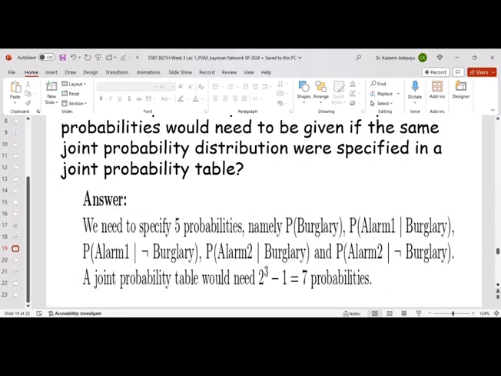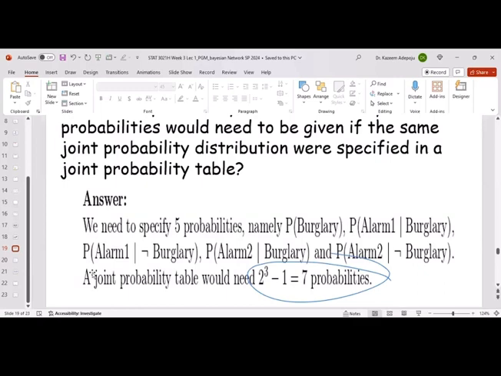Now, in each of them, what do you have? 2 levels. Then, if I want to know the possible number of probabilities, that will be 2 raised to the power of the number of nodes, which is 8. Then we subtract 1. That is what I'm doing here. Take a look at this. Do you now understand how I got 2 raised to power 3 minus 1 equal to 7?